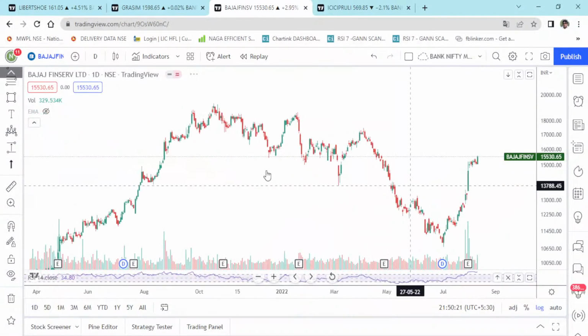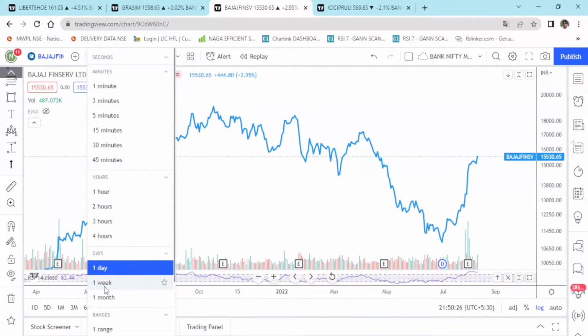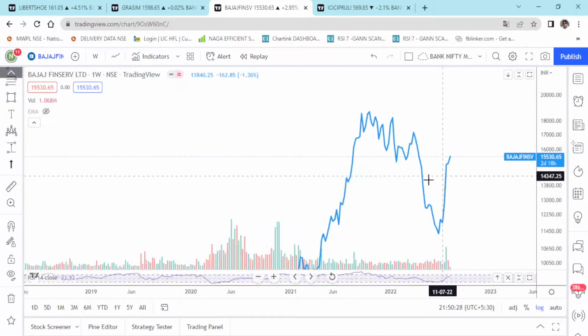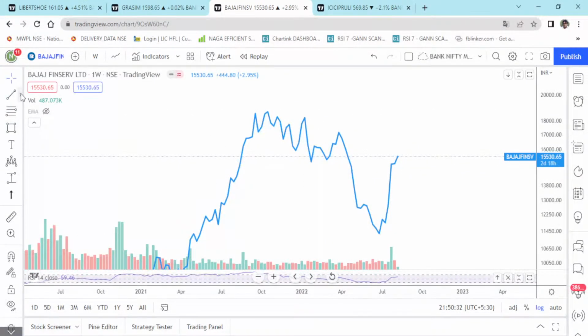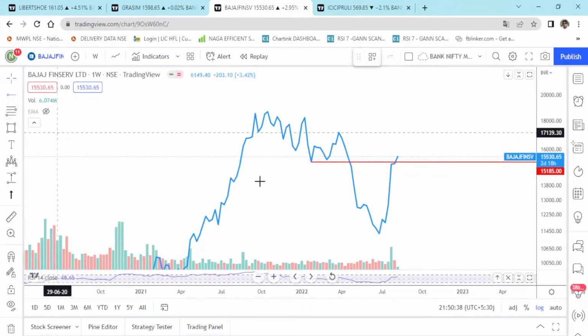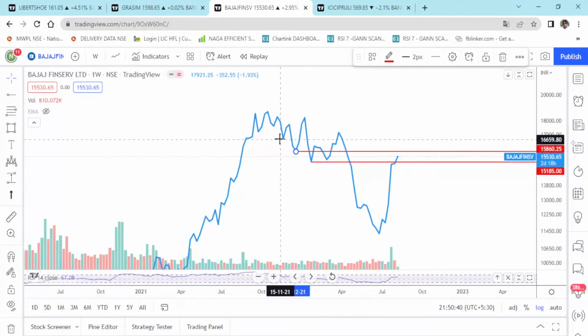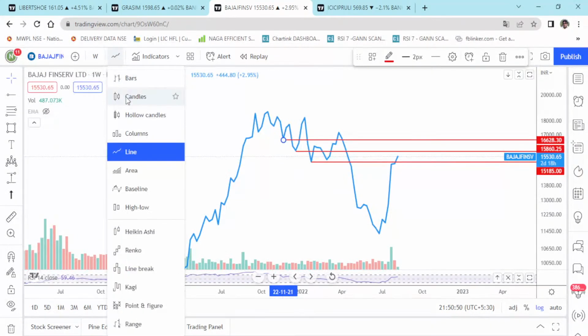And let's see where the important resistances are lying in the weekly chart. Potential reversals or resistances are at these levels. The resistances help us find where the target is going to hit next.